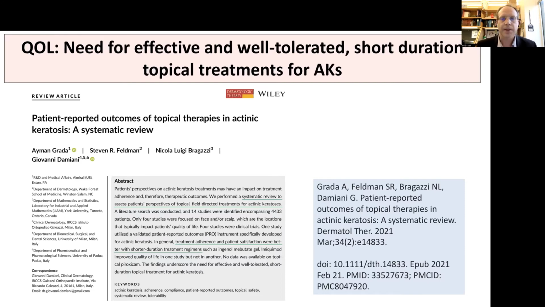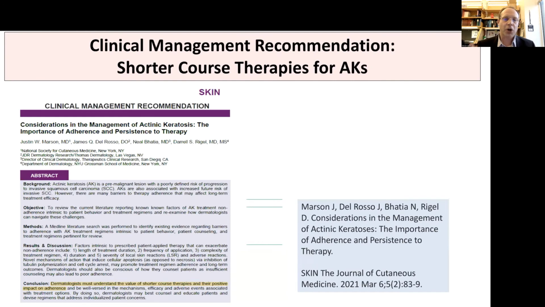Seems to make sense. These are current 2021 clinical management recommendations. And these authors, down here in the conclusion, highlighted in yellow, call for dermatologists to understand the value of shorter course therapies and their positive impact on patient adherence to their treatment regimen.